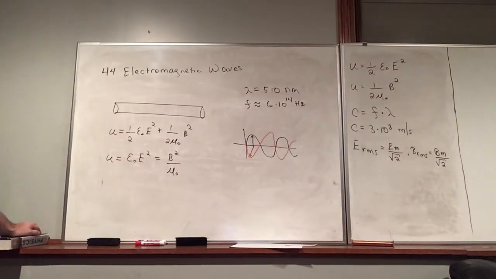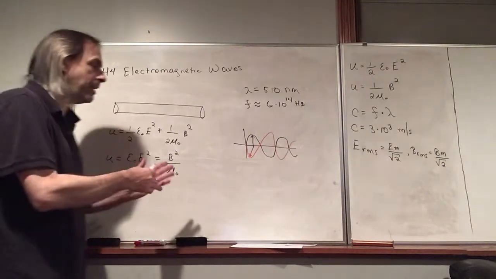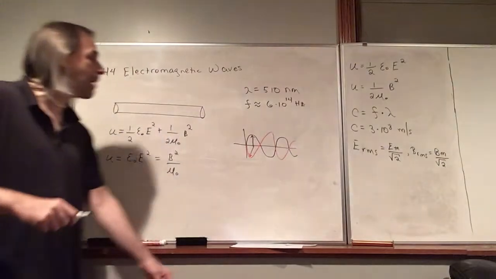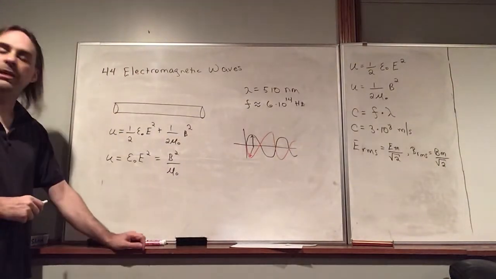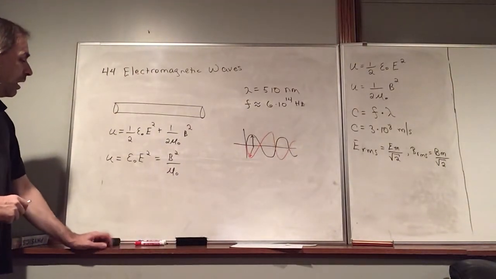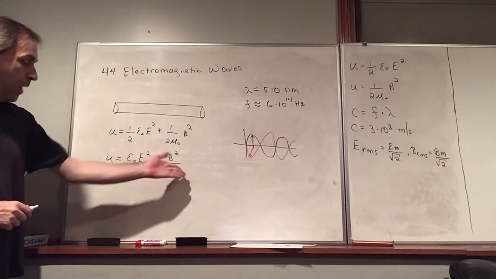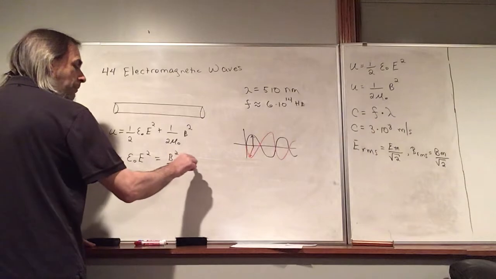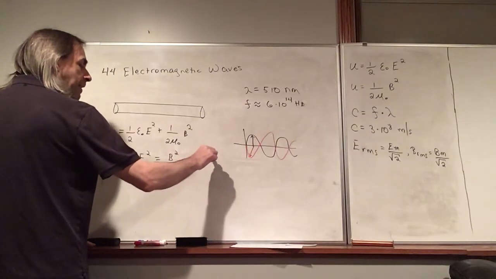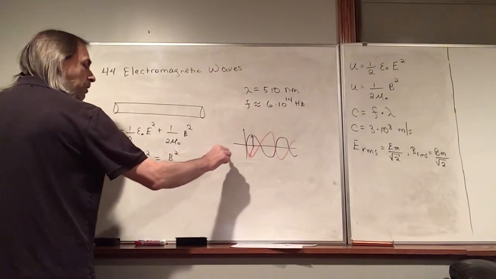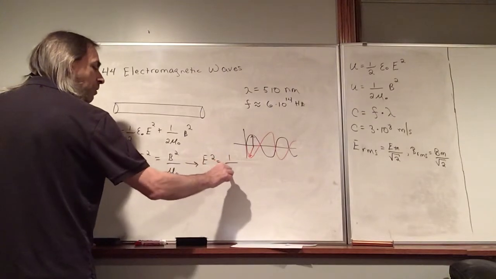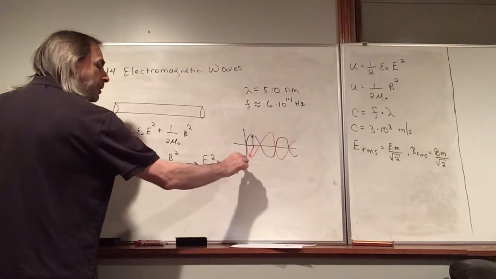Okay, and now based on this idea that it's oscillating between the two very rapidly, but the energy is stored equally between them, just by looking at this equation here, we can say that E squared is equal to 1 over mu naught epsilon naught times B squared.